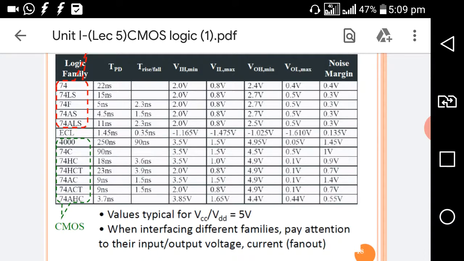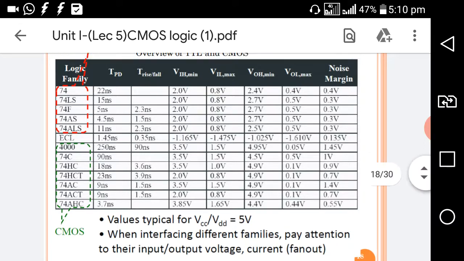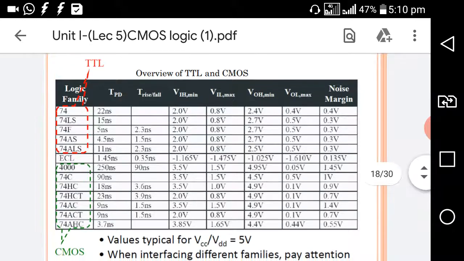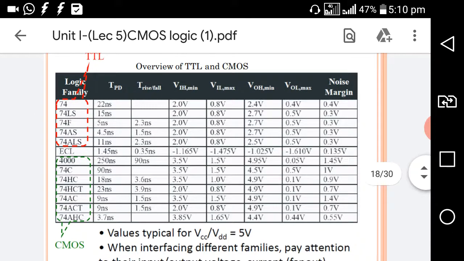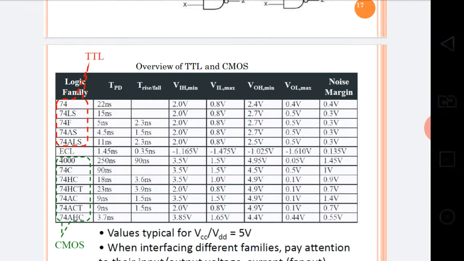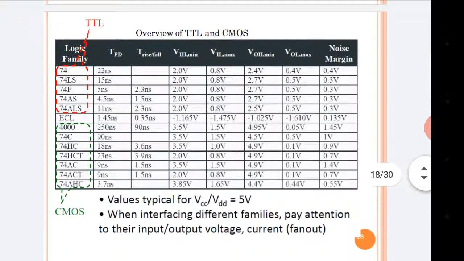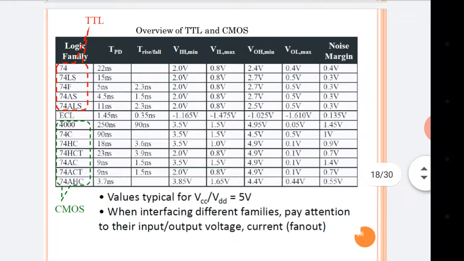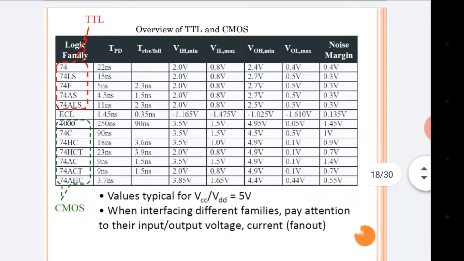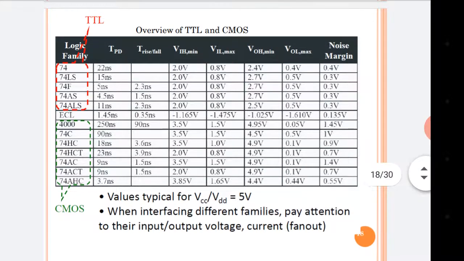As we know, logic families are basically classified into unipolar and bipolar logic families. Unipolar logic families are again classified into saturated and unsaturated logic families. So TTL logic family is one of the logic families, an example of a saturated logic family.